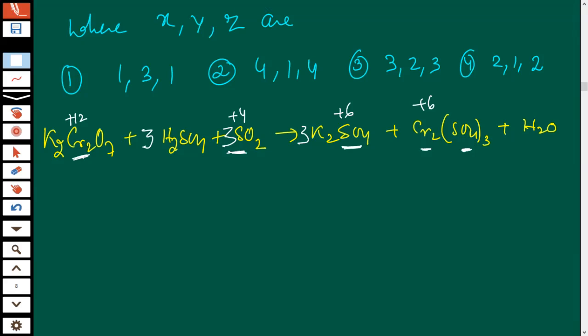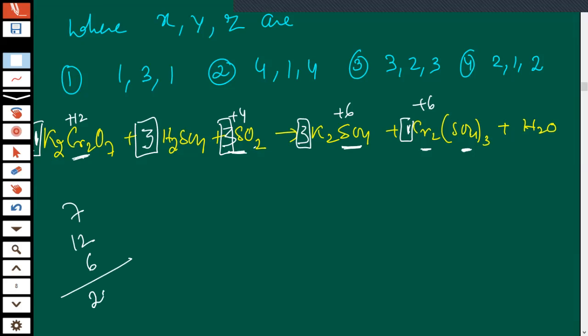Now balance the oxygen. These numbers are fixed, don't change these numbers. Now tell me, how many oxygens are here? 7, 12, 6, so 25.